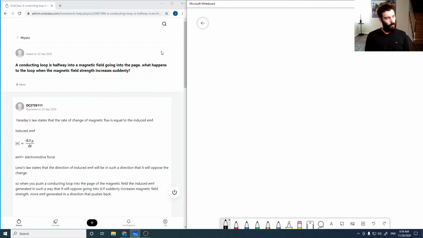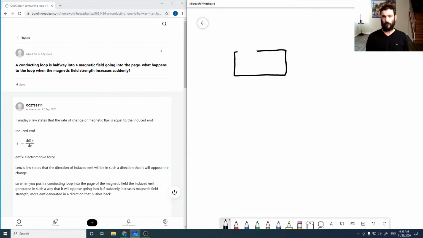So a conducting loop is halfway into a magnetic field going into the page. What happens to the loop when the magnetic field strength suddenly increases? All right, so here we've got a conducting loop. Oops. And I'm just going to fix that slightly.